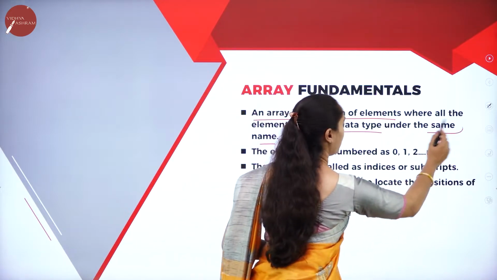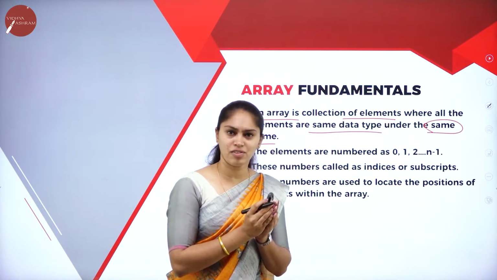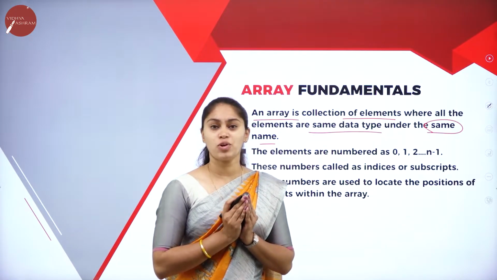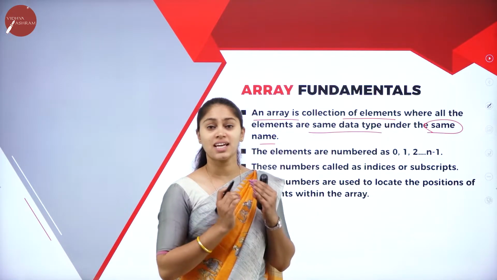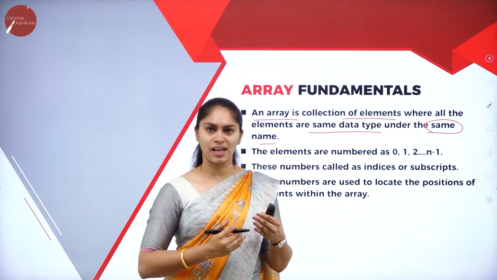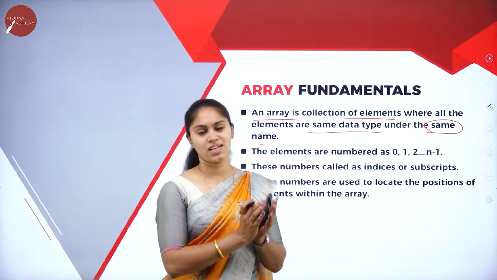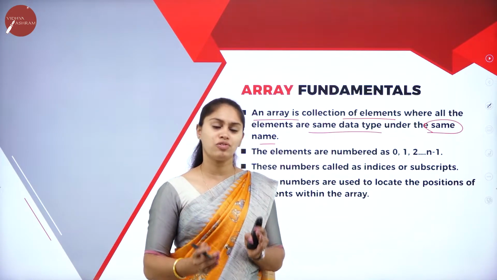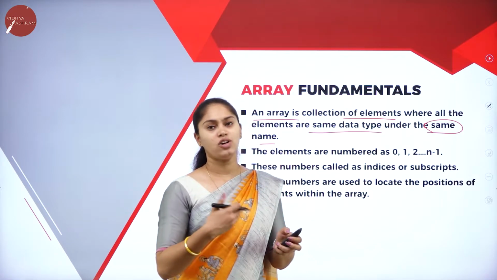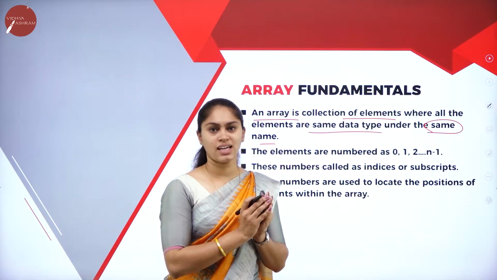Very, very important. We are going to group a number of elements. Which kind of elements are we grouping? We are grouping the same kind of elements, of the same data type. If I have 10 elements, I am going to call all the 10 elements by the same name. If I have 100 elements of the same data type, then also we are going to call those 100 elements by a single name.